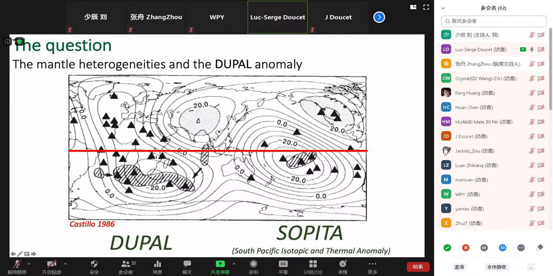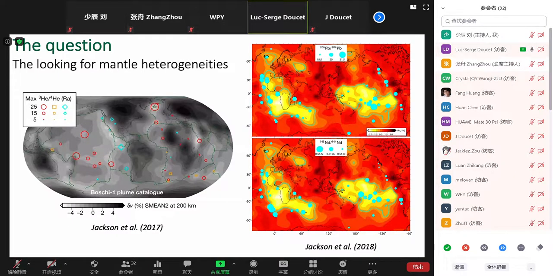So what they say here is, okay, we have heterogeneity within the heterogeneity, the northern hemisphere being more or less homogeneous and the south being kind of a mess. And since then, since the end of the 80s, people have tried measuring every different OIB to understand what's going on. So these are the recent papers, 2017 and 2018, one paper in Nature and one paper in EPSL.